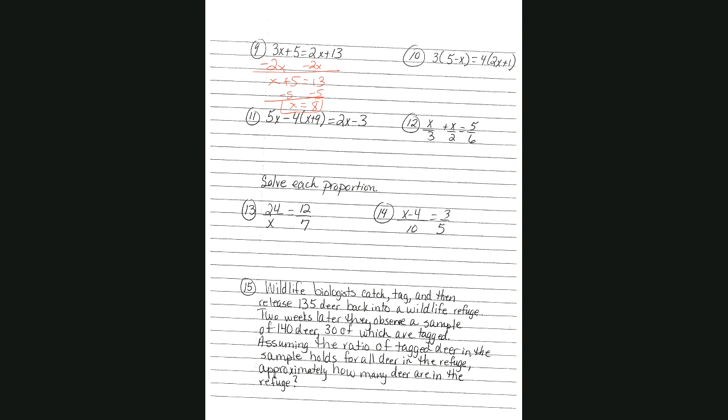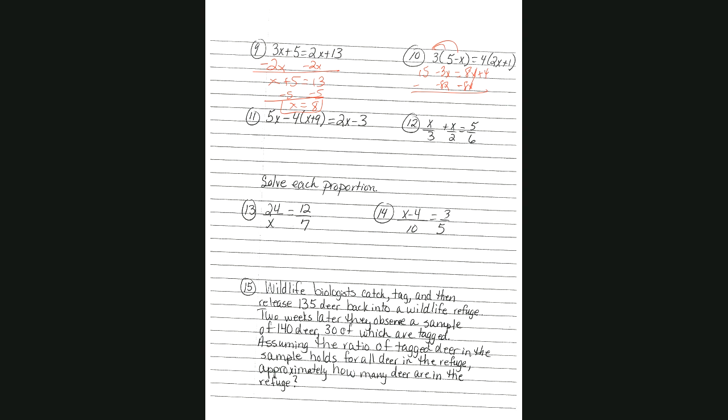All right, number 10. First you distribute. 3 times 5 is 15 minus 3x equals 8x plus 4. Now subtract 8x, put like terms together on x.